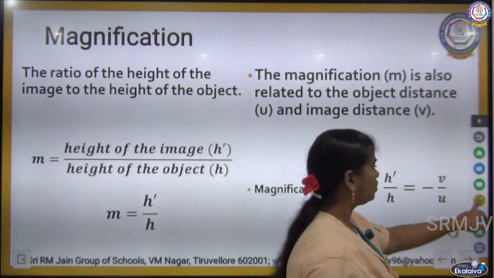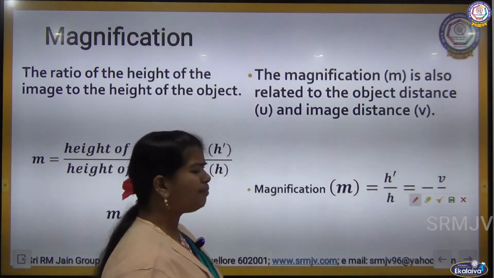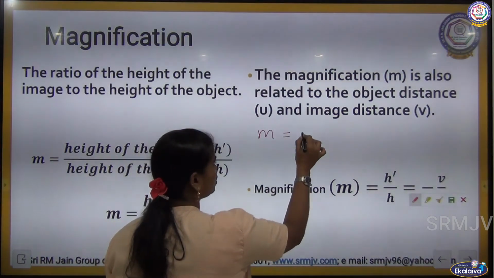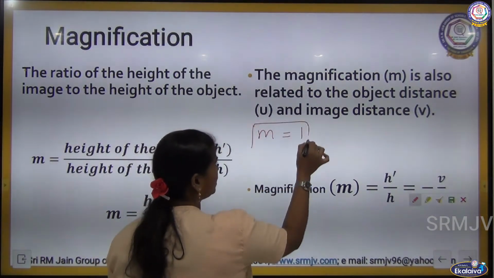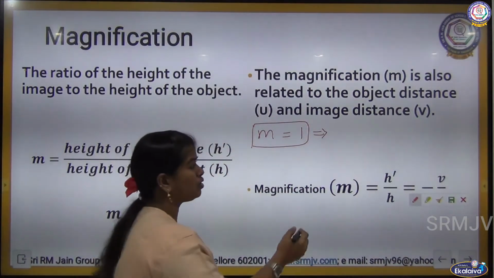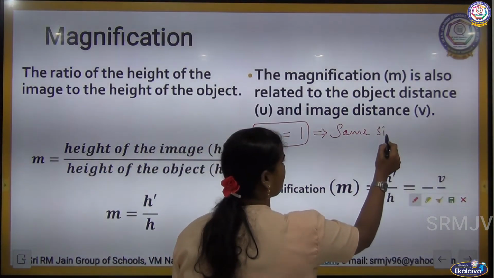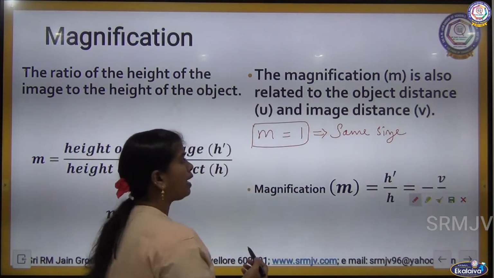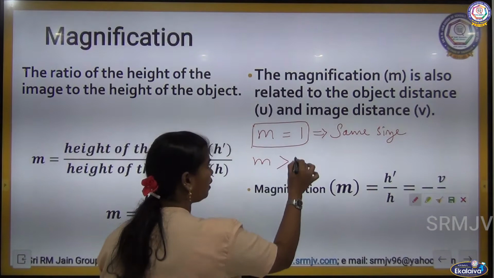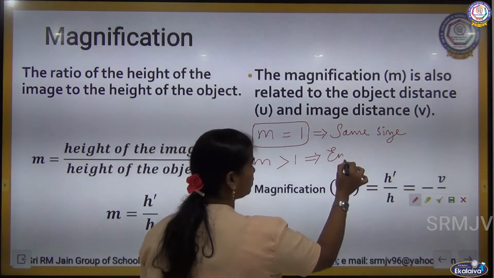Before that I just wanted to tell you something. If magnification is equal to 1, it means that the object and the image are both the same size. If the magnification is more than 1, it means that the image is an enlarged image.